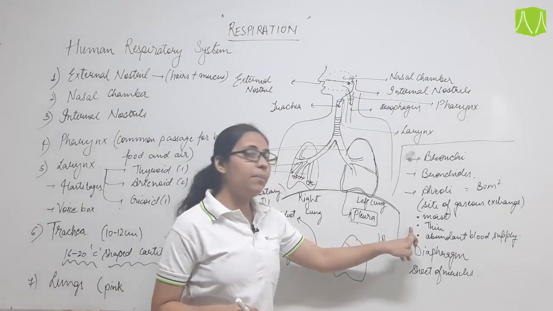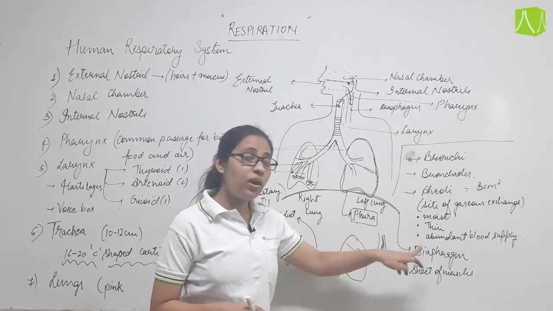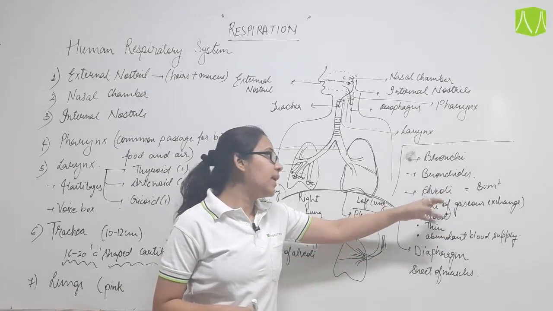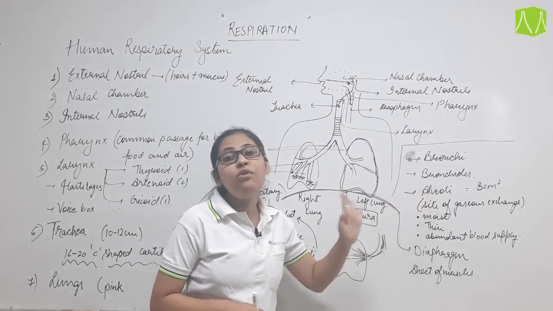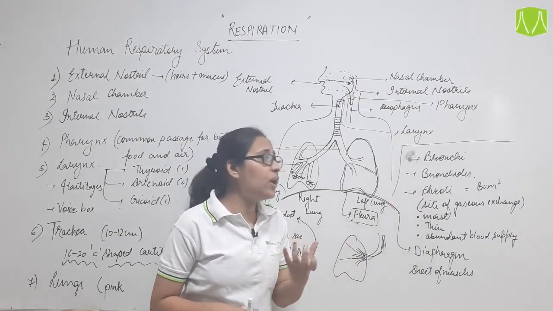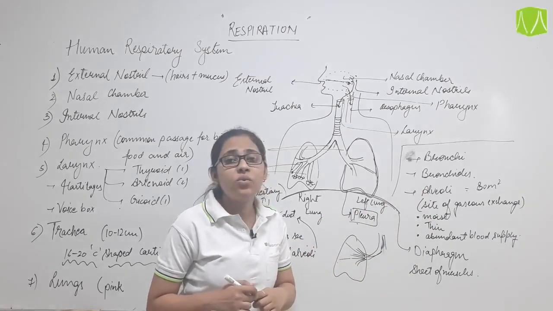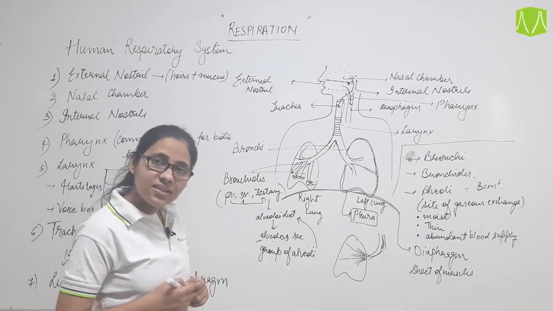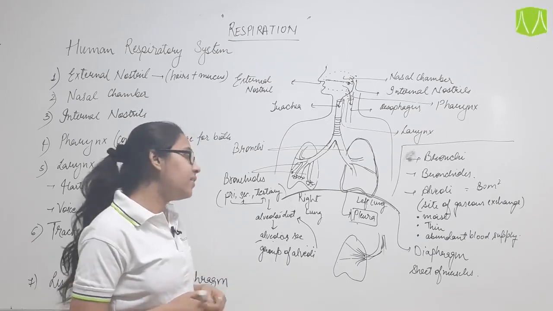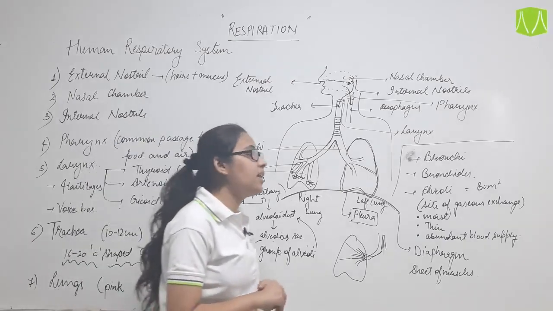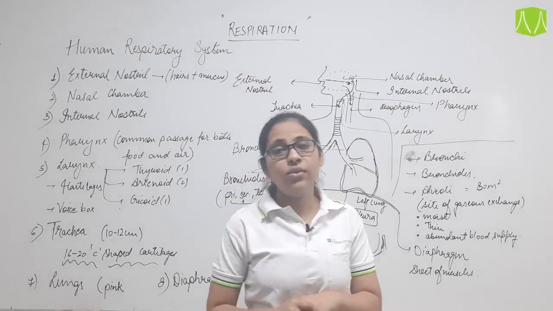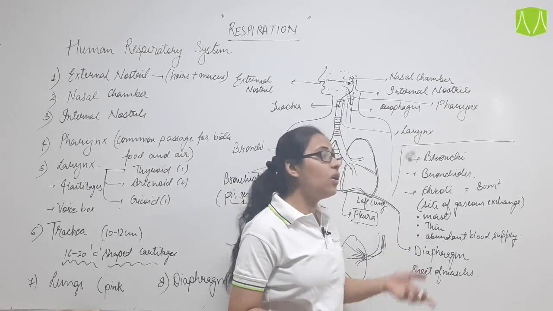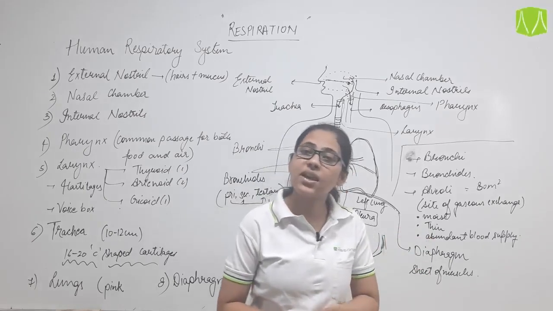This is basically the largest surface area, and in this way it provides a large surface area for gaseous exchange. So these are the characteristics of alveoli, and that is why we call it the site of gaseous exchange.